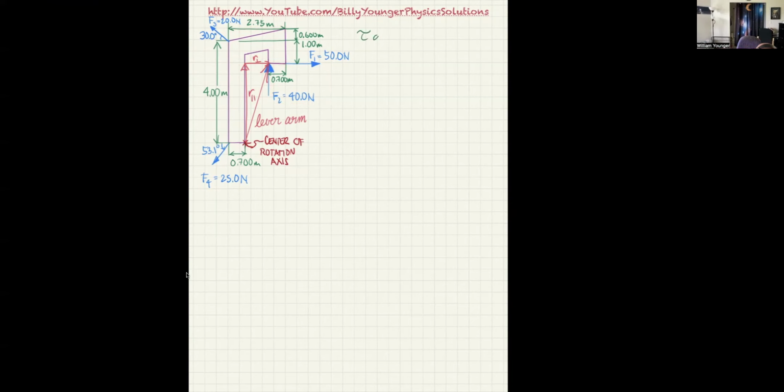torque due to F2, we're going to say R perp is equal to 2.75 meters. Now, again, that is all the way from here to here, but the force is just right here, so we really only need this little part.